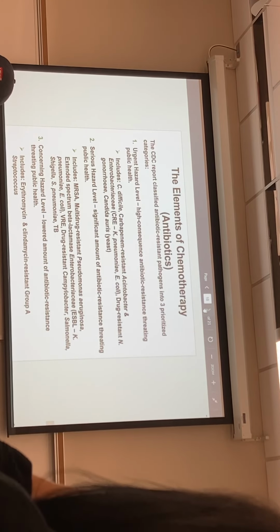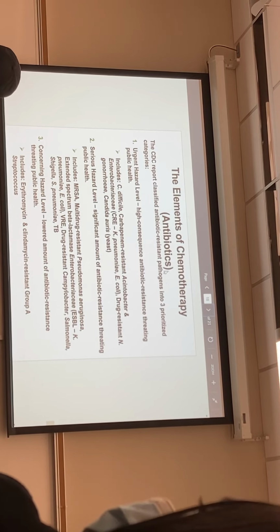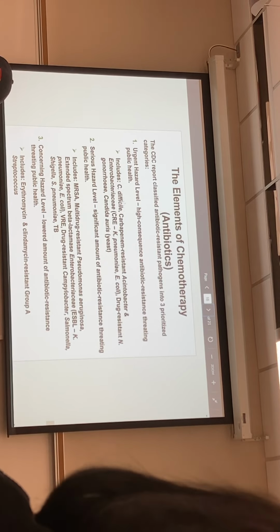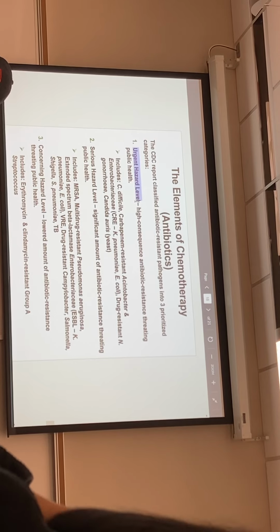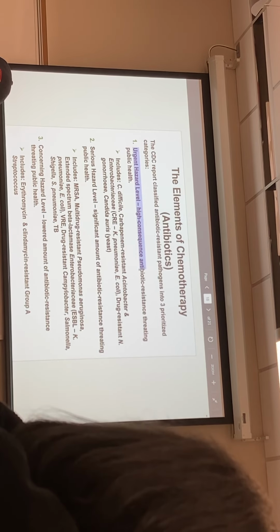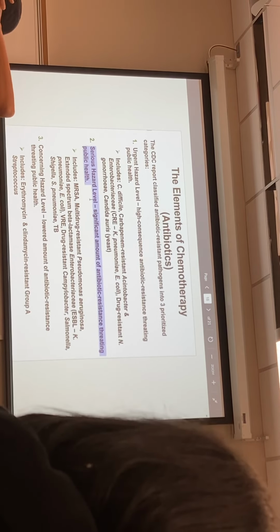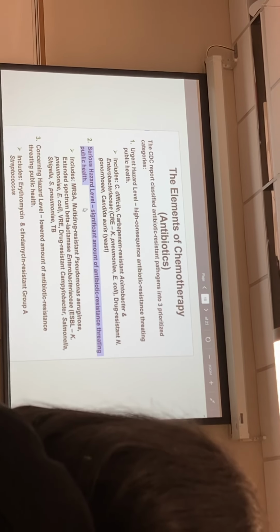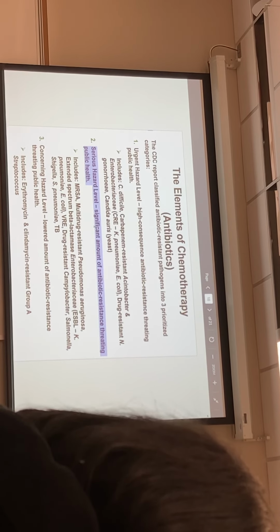We did talk about the CDC report in relation to the different types of prioritized categories. There are 3 different ones they listed in this 2019 report, which included the urgent hazard level threat, which is the high consequence associated to public health related to drug resistance, serious hazard level, which is associated with a significant amount of antibiotic resistance affecting public health.